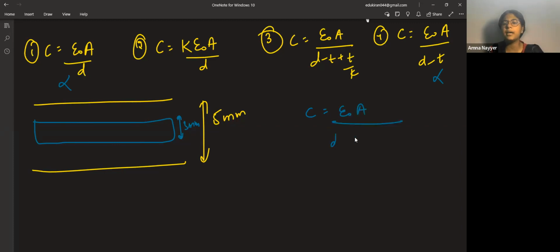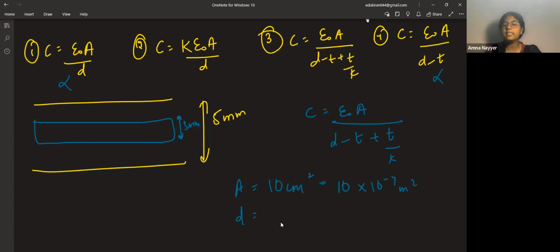Epsilon naught A by D minus T plus T by K. Now what all things are mentioned? Area is 10 centimeter square. So we'll be using all the quantities in their standard SI unit. This is 10 into 10 to the power minus 4 meter square.